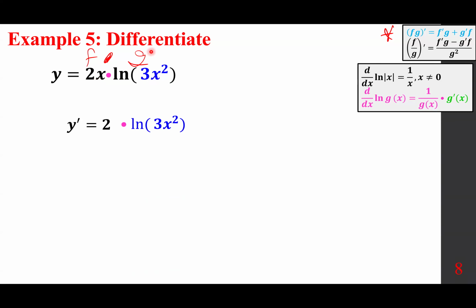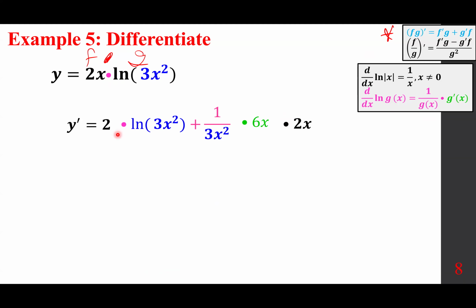Now, g prime, the derivative of a natural log: the derivative of g of x, flip it over, 1 over g of x, 1 over 3x squared, times g prime, the derivative of 3x squared, which is 6x. And then g prime f, then you multiply it by 2x.